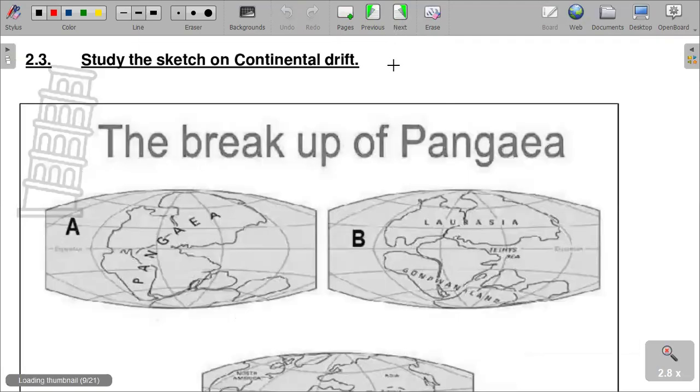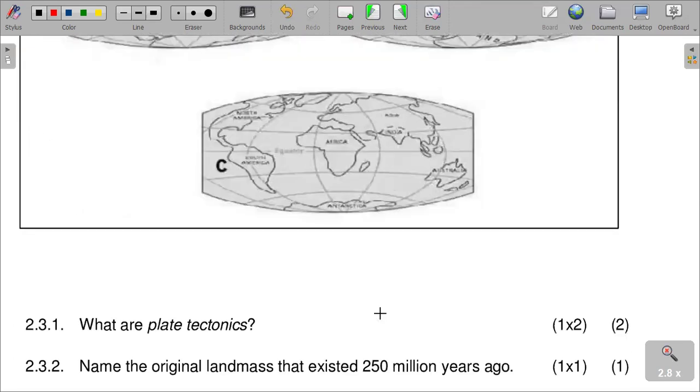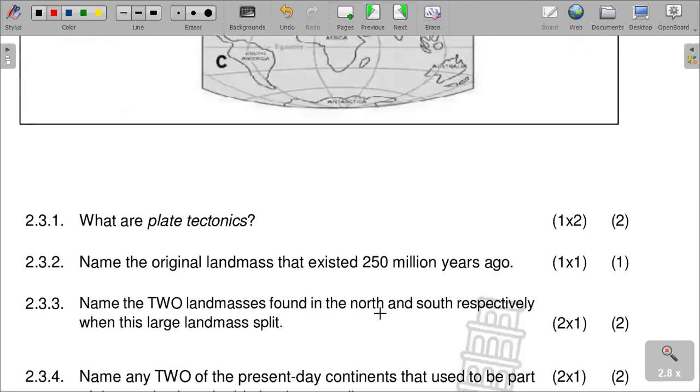Let's just quickly look at the breakup of the Pangaea, which is A, the Pangaea, and then we have got the Laurasia and the Gondwanaland, which is found on B, the breakup of the supercontinent. And then let's quickly answer the questions that are following.